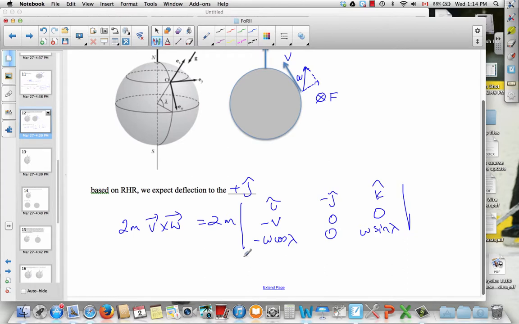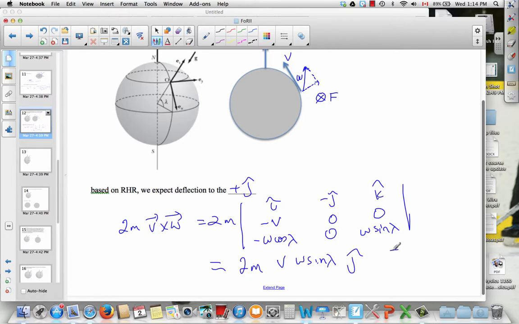Now when we do this cross product, we get nothing in the i direction. In the j direction, we get negative negative v times omega sine lambda in the j direction, and then the k component gives us nothing.